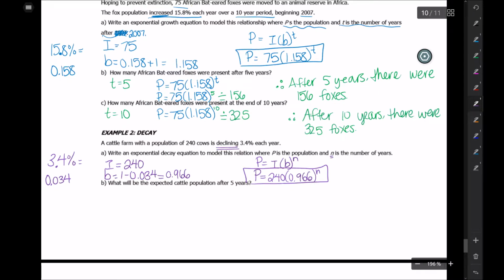Okay, so then it says what will be the expected cattle population after 5 years. So essentially this time N is going to be 5. So every time I see this equation right here, instead of N, I'm going to replace the N with a 5. So here I'm going to say P equals 240 times 0.966 all to the power of 5. So I'm going to go right into Desmos again, and I'm going to type that in.